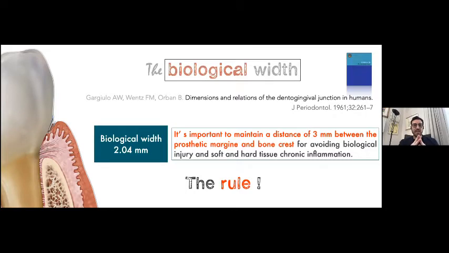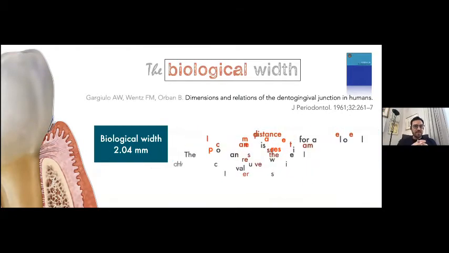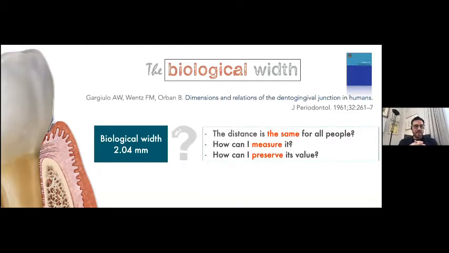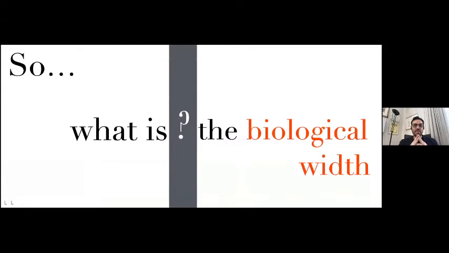And if on the one hand, biology cannot be changed, on the other one, the key to understanding biology can be changed thanks to studies conducted in recent years. Therefore, I ask myself, is the distance the same for all people? How can I measure it? And can I preserve its values over time? But really, what is biological width?